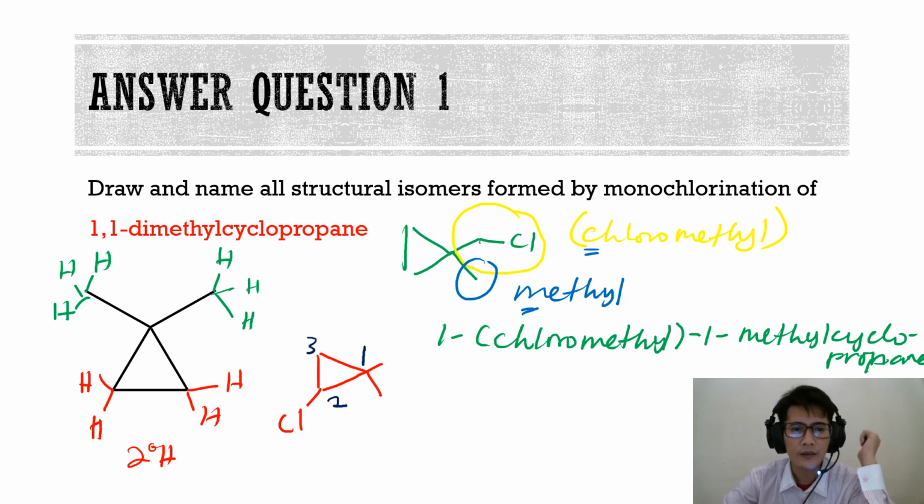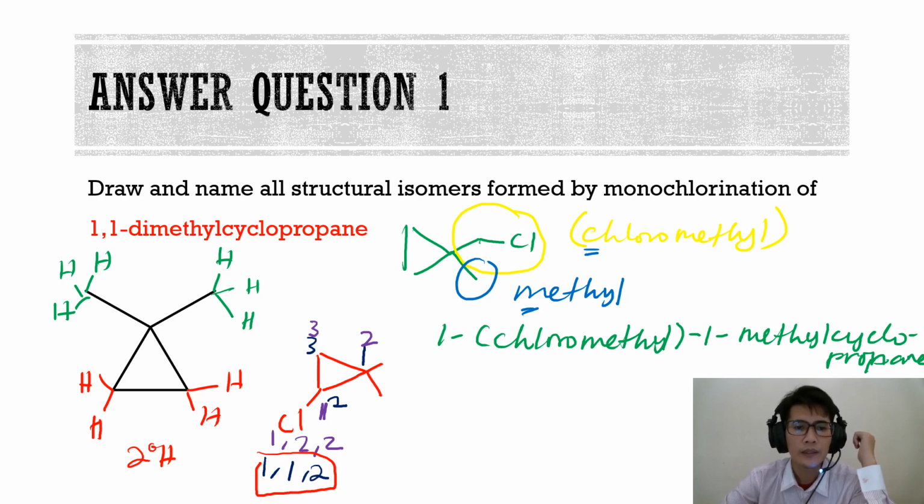Why? Okay, this is because the combination of the substituent for this numbering will be 1, 1, 2. Compared if you label the carbon that attached to the chlorine as number 1, methyl as carbon number 2, and nothing as carbon number 3, the combination of the substituent will be 1, 2, 2. Okay, you need to choose the smallest combination, which is the 1, 1, 2 compared to 1, 2, 2.